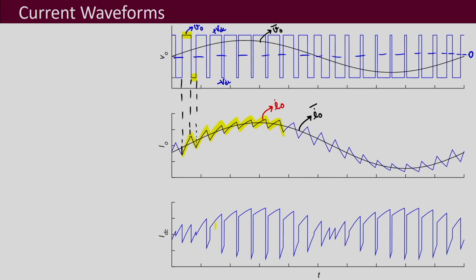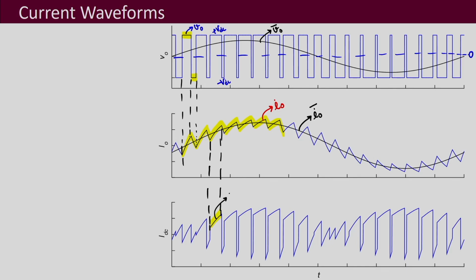So, this is the IDC waveform. You can see here that whenever, let us say, the first two diagonal switches are on, at that time IDC is equal to IO.